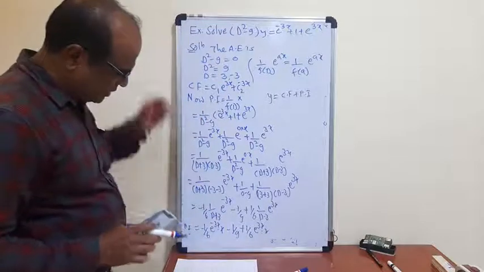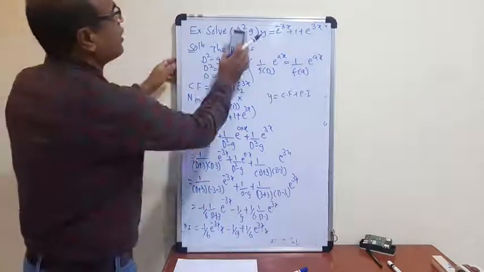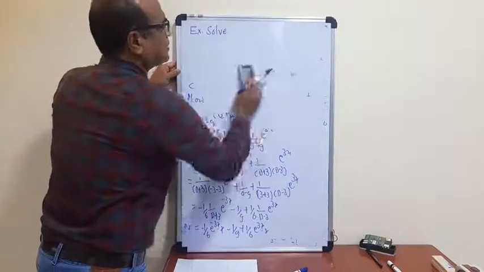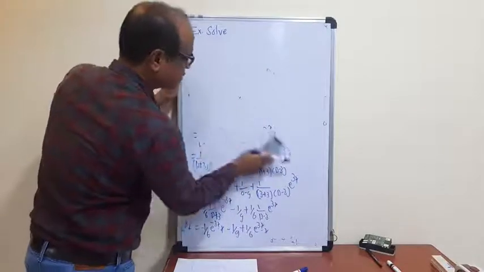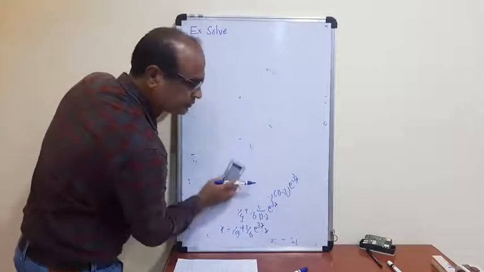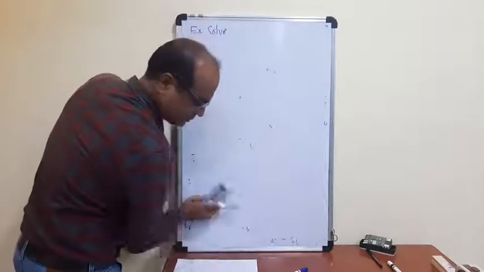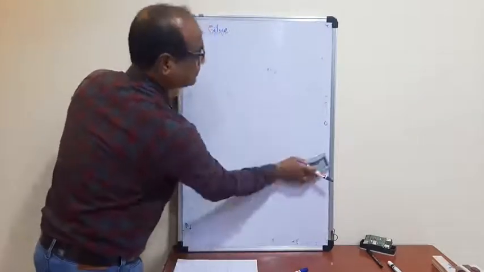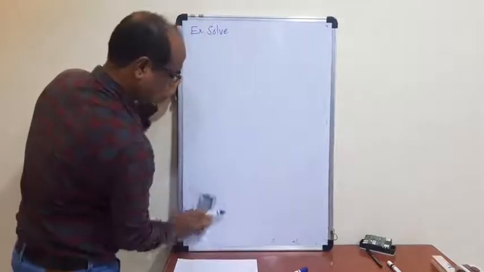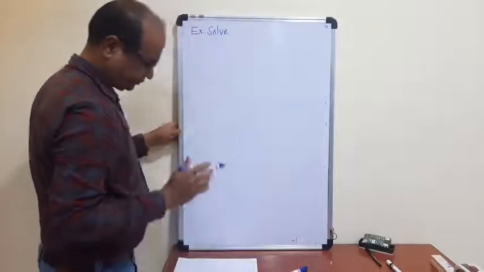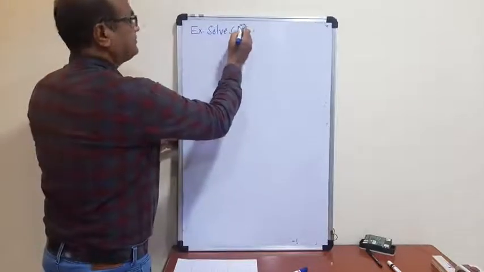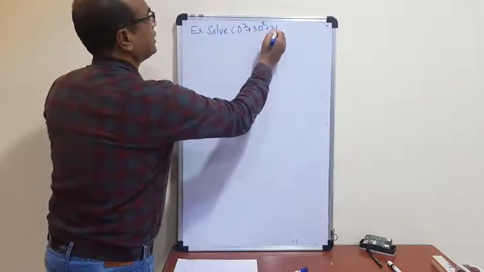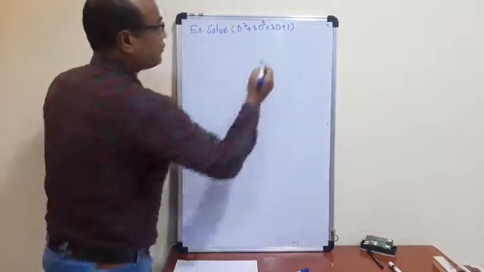So we take another example. For homework, take this example and solve it. A very simple example: solve d cube plus 3d square plus 3d plus 1 y.